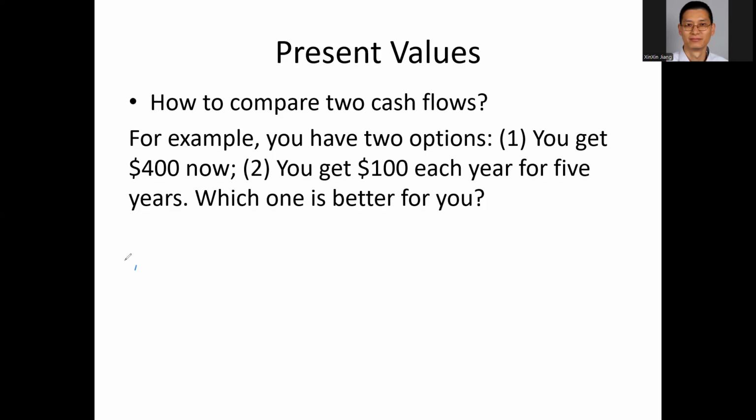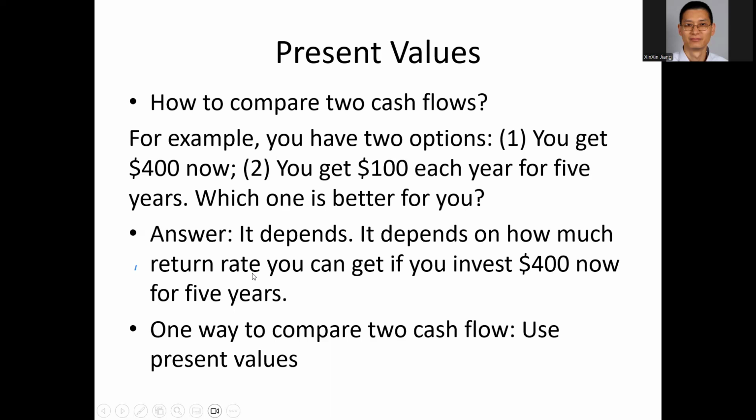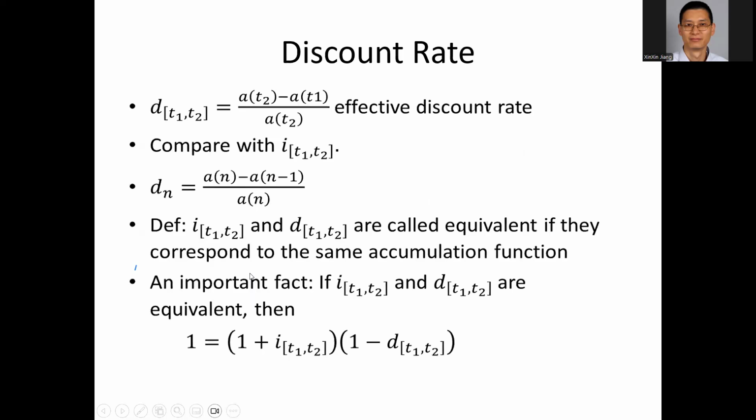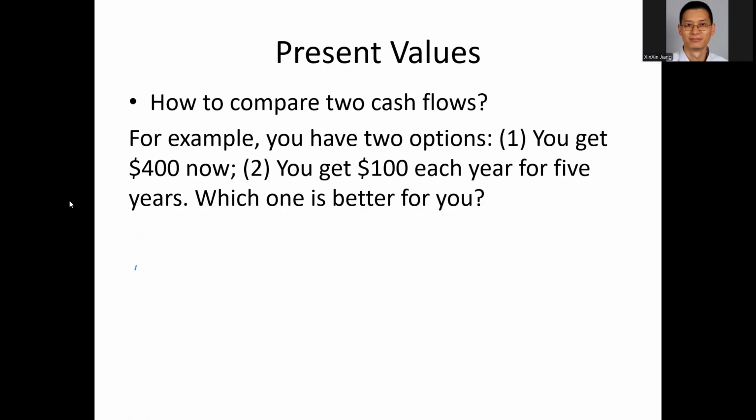So how can we do that? Let me work on this problem a little bit more. Let's use simple interest; compound interest I need to calculate a little bit more.